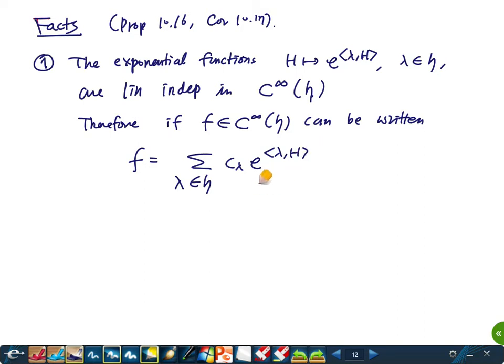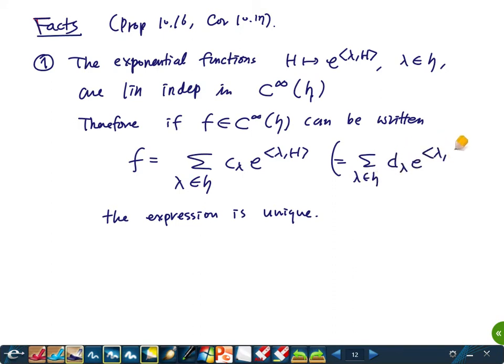Then this fact says that the expression is unique. There's only one way to write it in this way. So that means if you suppose that this is equal to this, then you can compare them term by term. They have to be the same in each term.